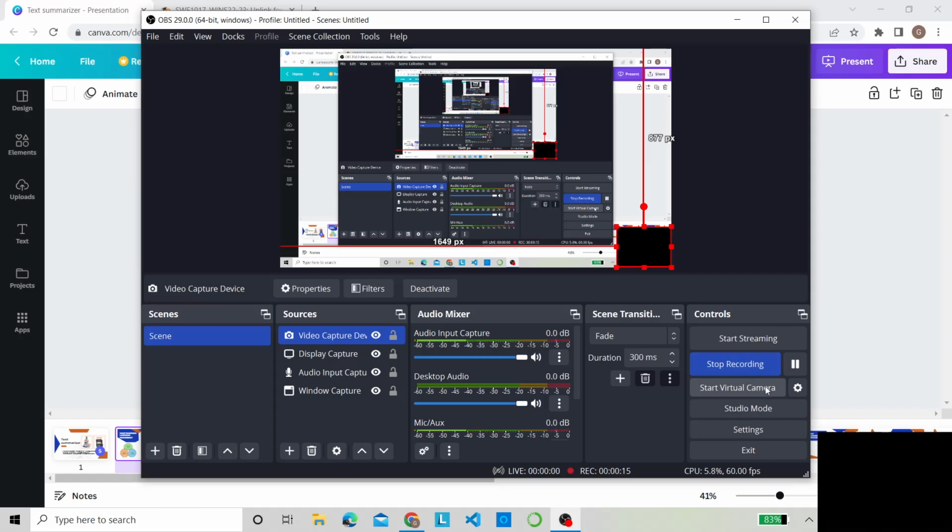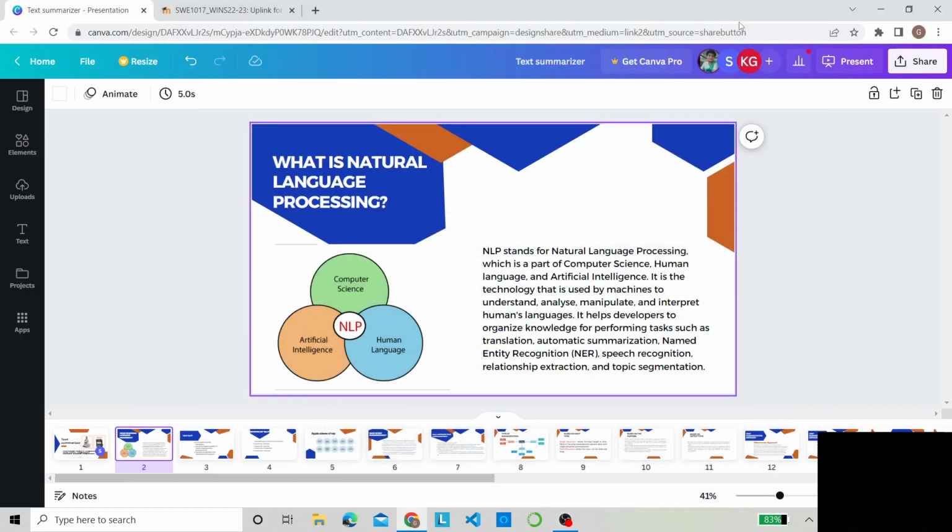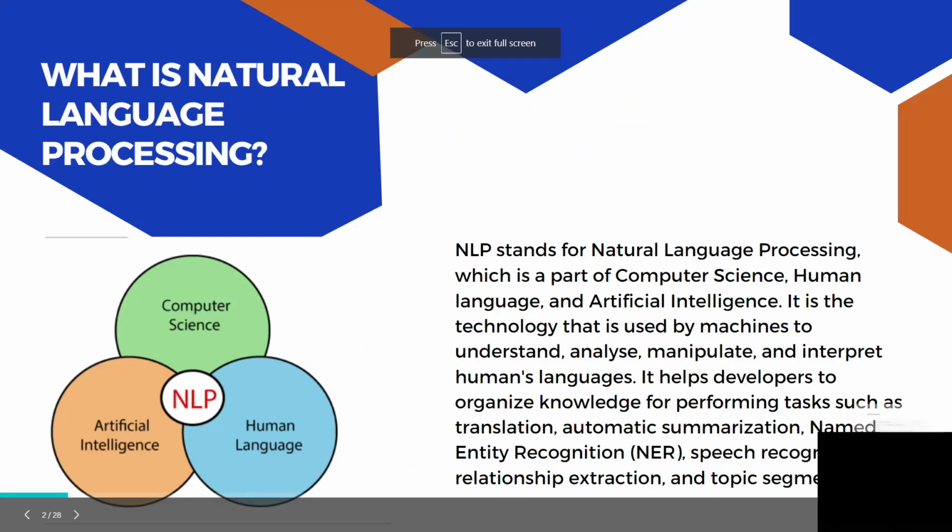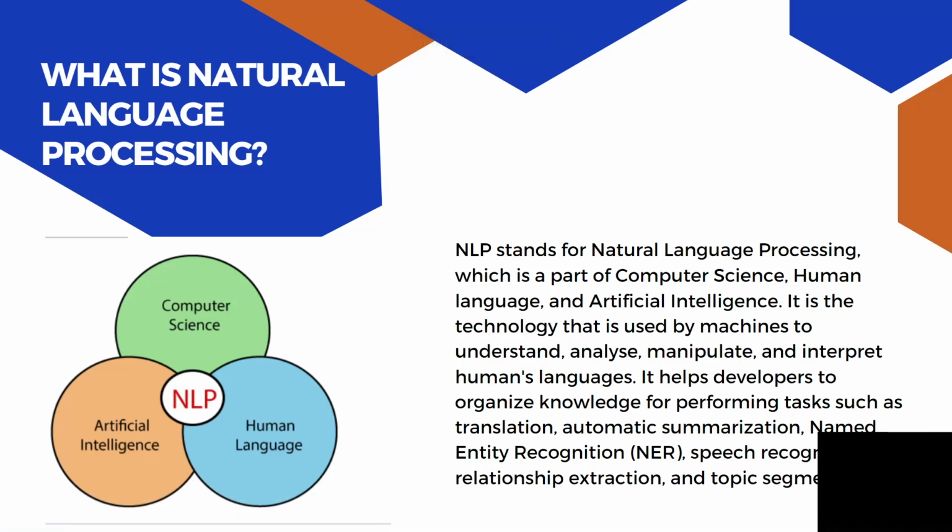So let us just start. So what is NLP? It basically describes the interaction between human language and computers. It's just a technology that many people use daily and has been around for years, but is often taken for granted.